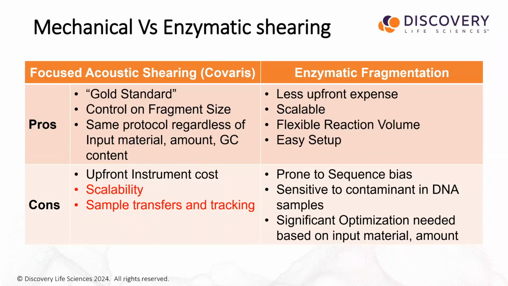Covaris methodology is considered to be a gold standard in the industry for genomic DNA fragmentation. You have a perfect control on the fragment size, and the same protocol can be used regardless of the input material, input amount, or the complexity of the genomic DNA. That includes the GC content.